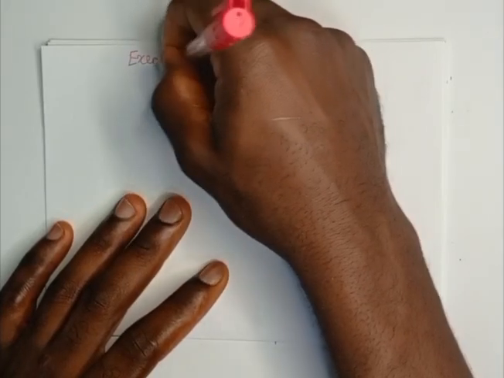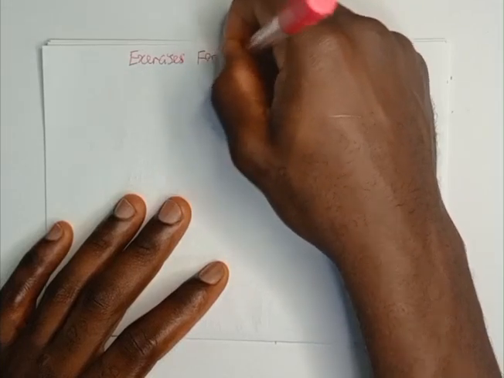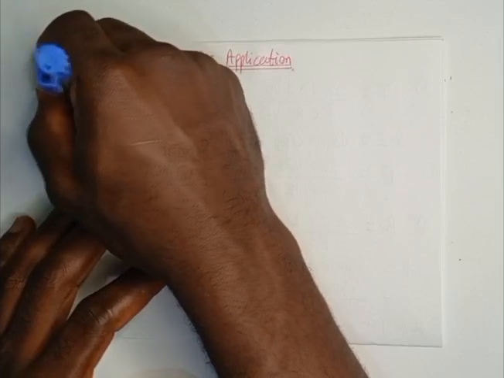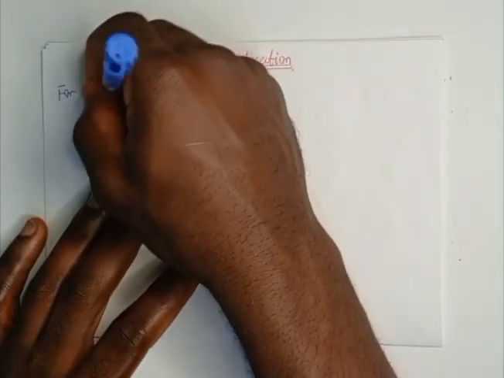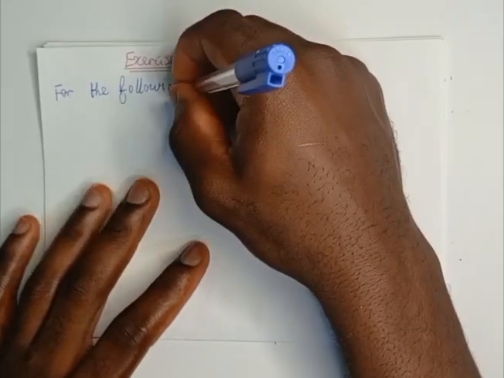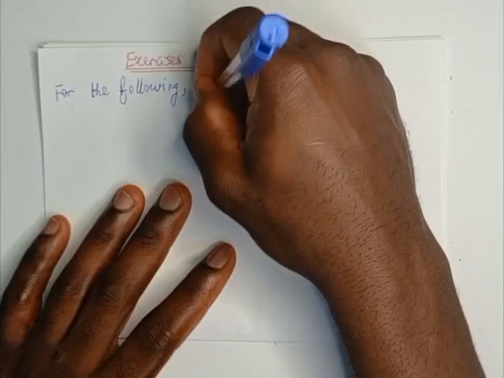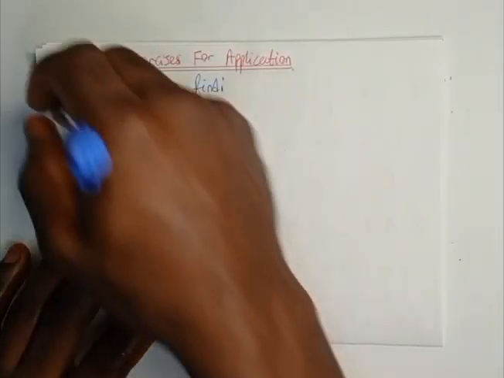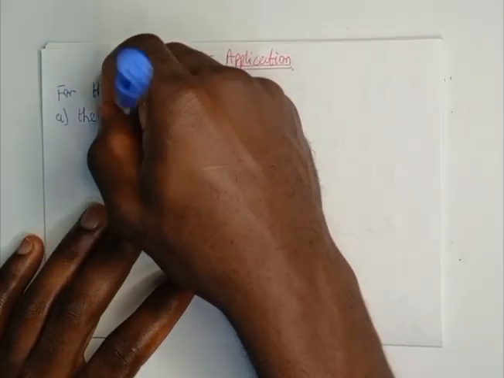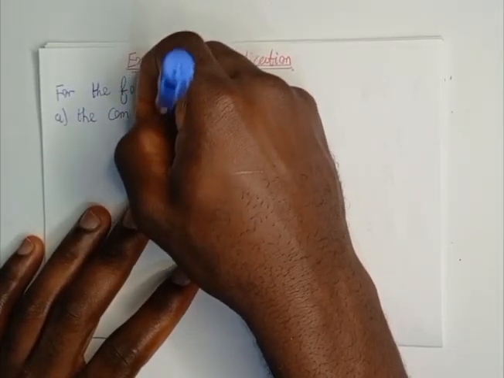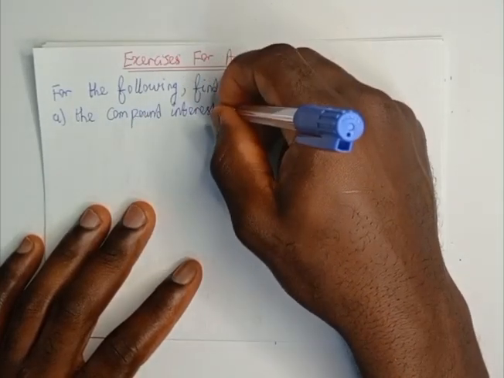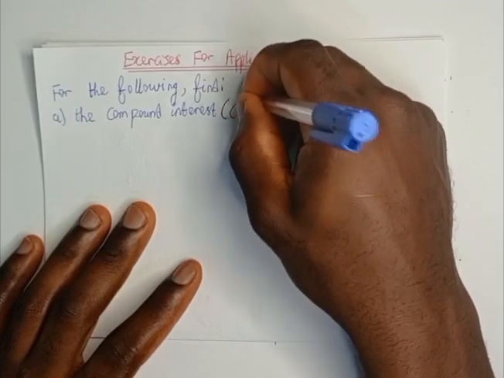Find, for A, the compound interest, which is denoted by CI.